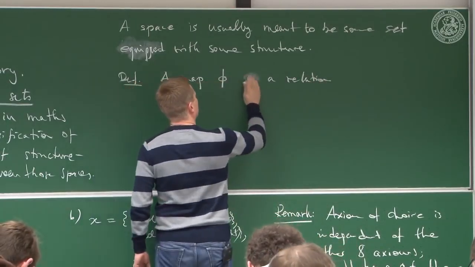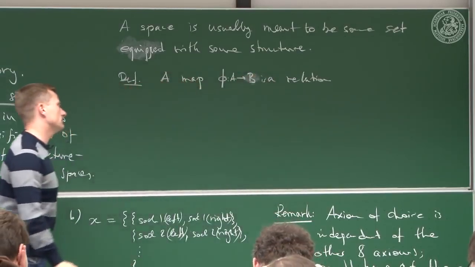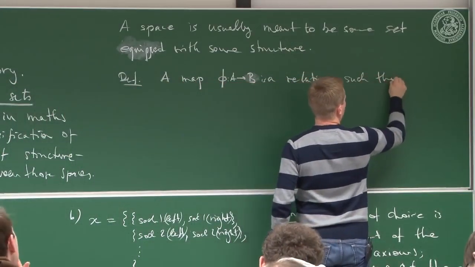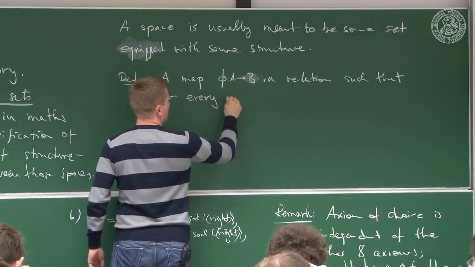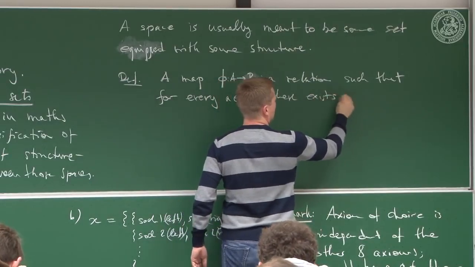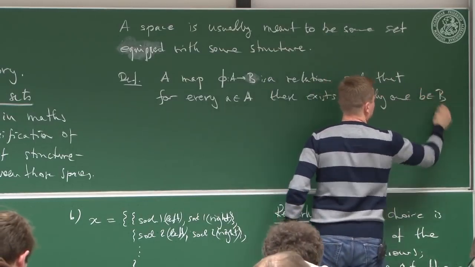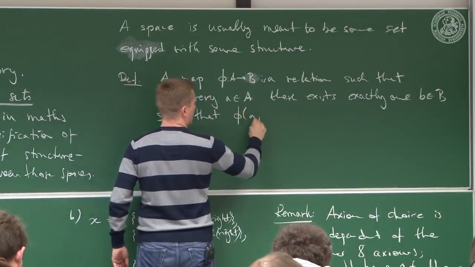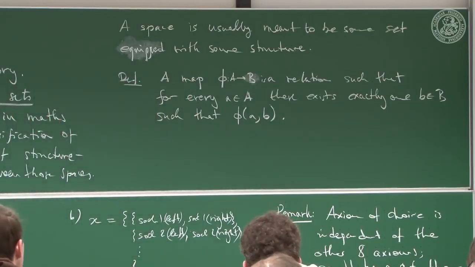A map phi from a set A to B is a relation such that for every a in A, there exists exactly one b in B, such that phi(a, b). What does it mean, phi of a, b? Well, it means phi of a, b is true.